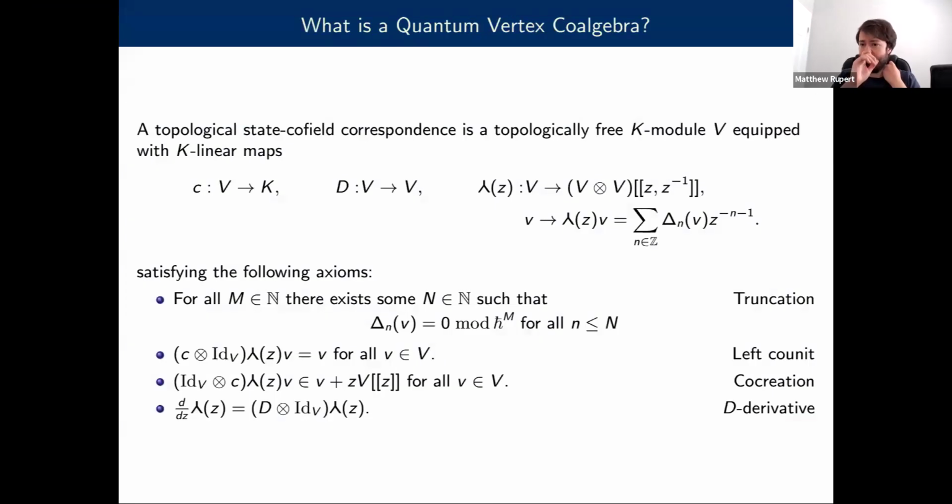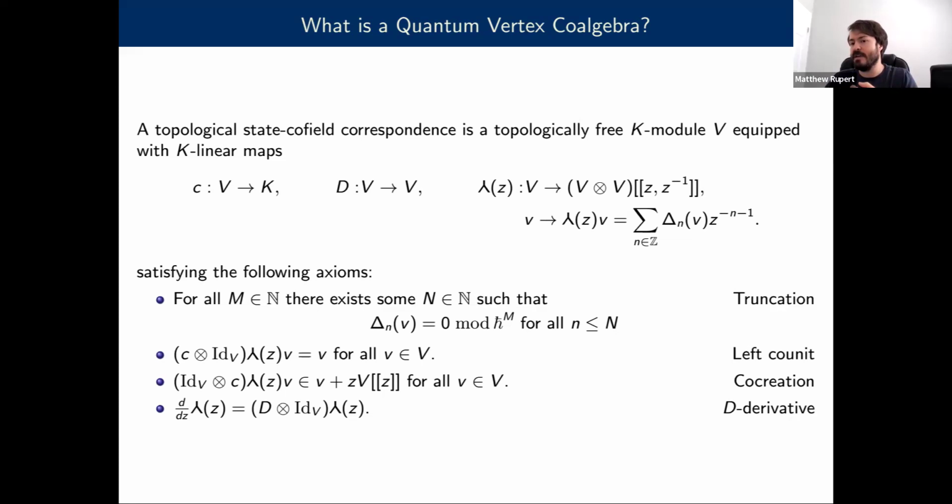Okay, so I'd like to just give you a feeling for what quantum vertex coalgebras actually look like. They're topologically free K modules. They have these operators C, D, and the state cofield correspondence, and they satisfy four axioms: truncation, co-unit, co-creation, and D-derivative.